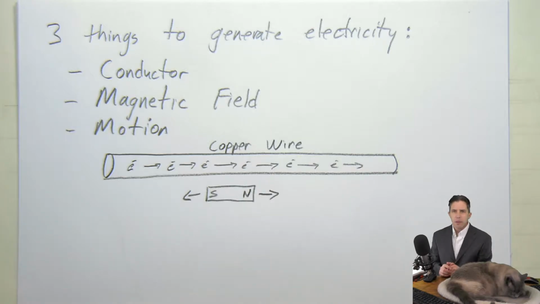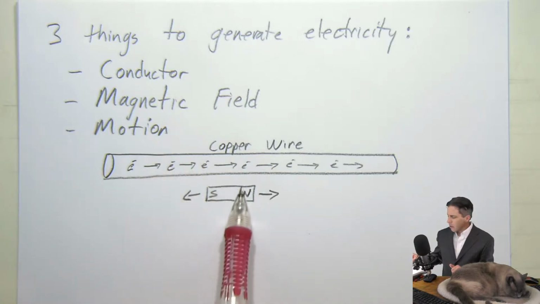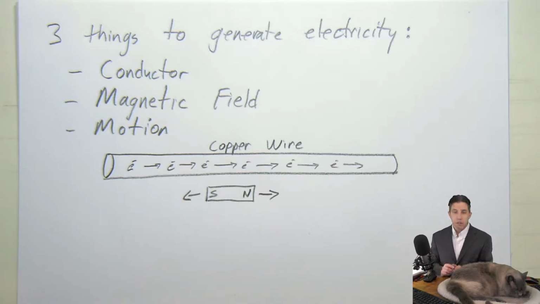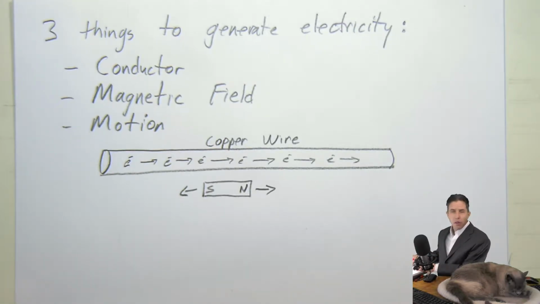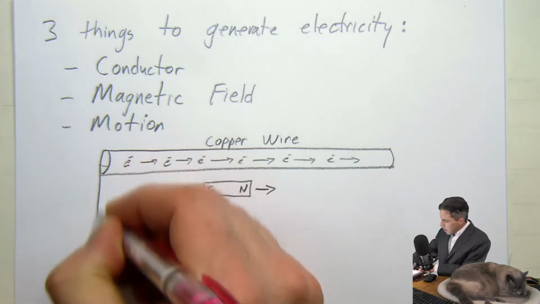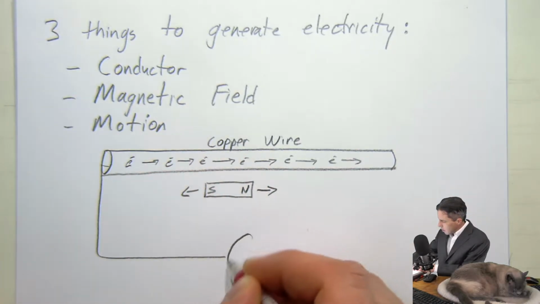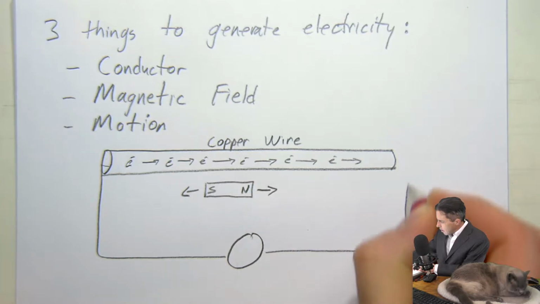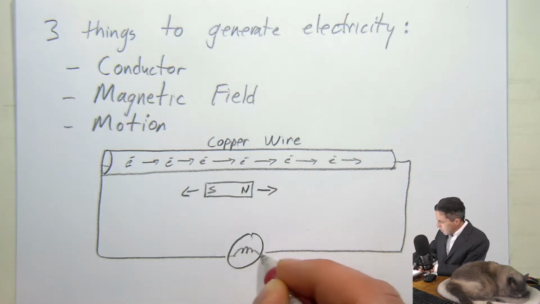So the conductor is a metal that allows the electrons to flow, and the motion of the magnet is what forces the electrons to move. Both those things together will generate electricity. So if I, say, wanted to power a light bulb, then I would hook this to a light bulb, okay?